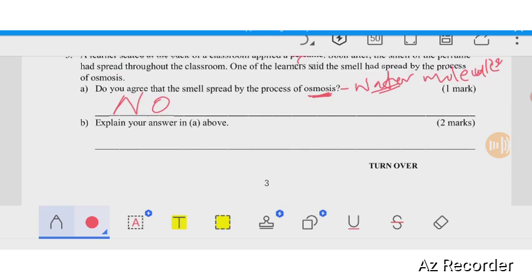So explain your answer. You can use whichever way. You can speak using the diffusion terms, or you can write using the osmosis terms. So let's use osmosis terms. Explain your answer.